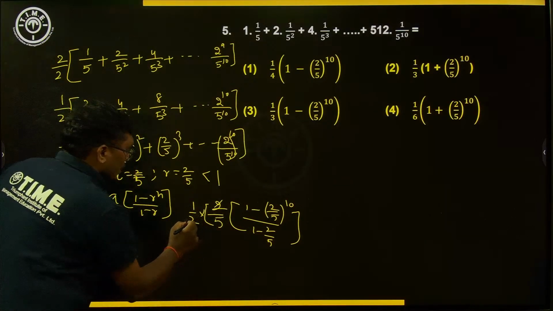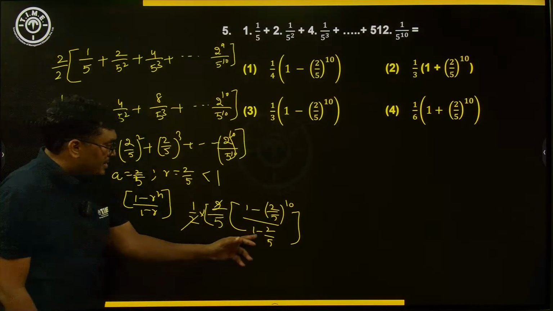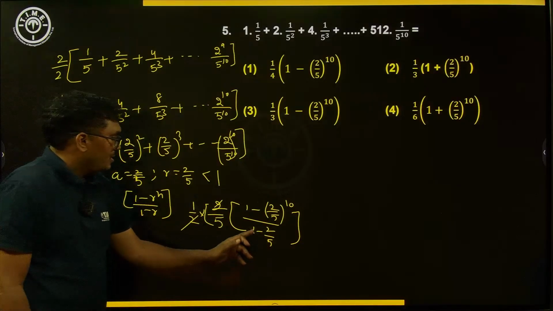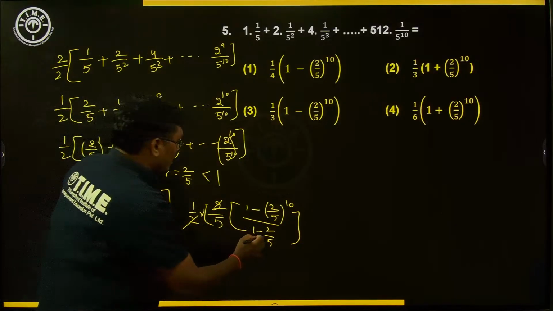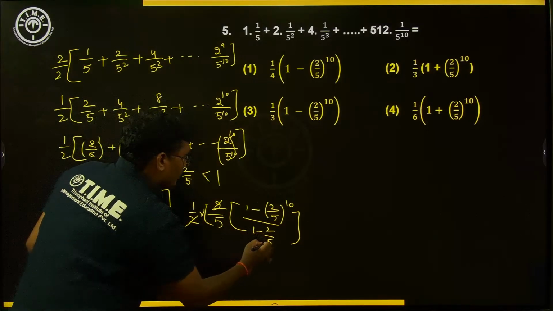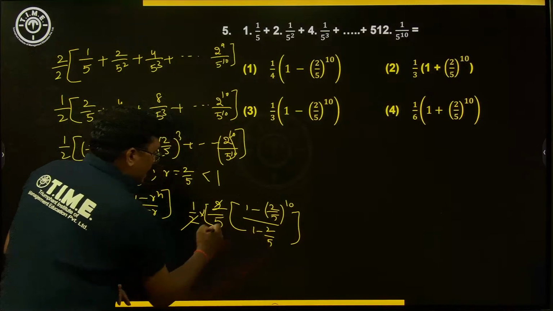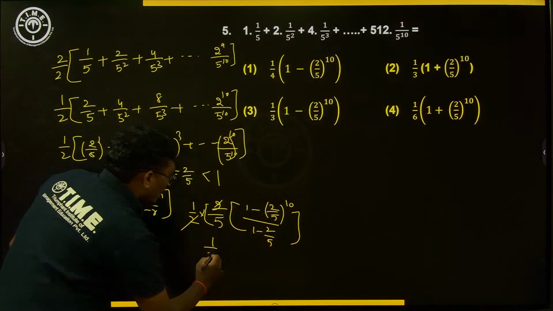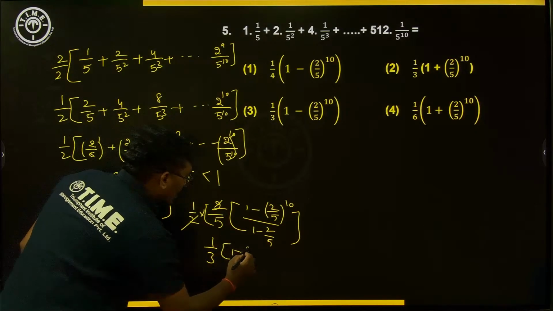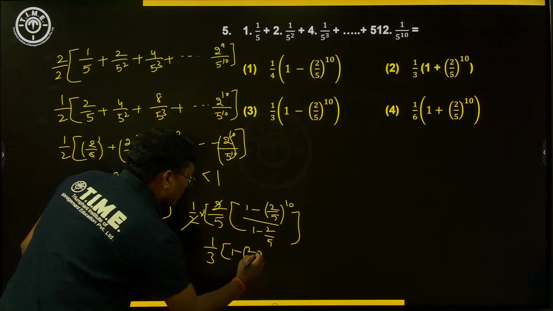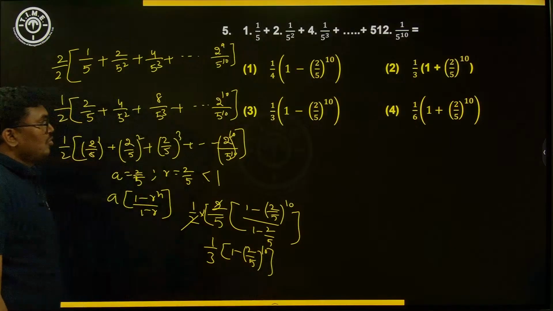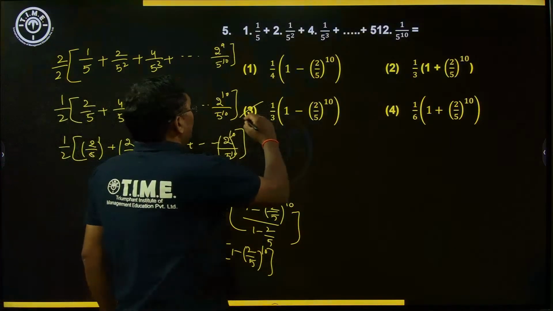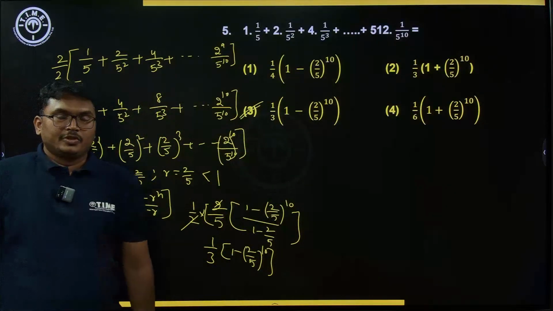So this 2 gets cancelled, and 1 minus 2 by 5 means 3 by 5, so 3 by 5 gets cancelled. You can write this as 1 by 3 of 1 minus 2 by 5 whole power 10. So the correct answer is choice 3, right?